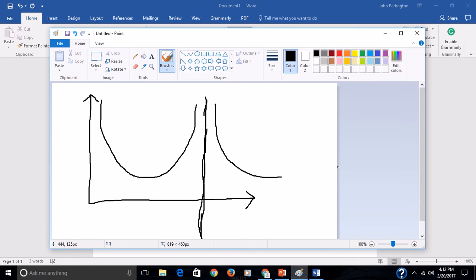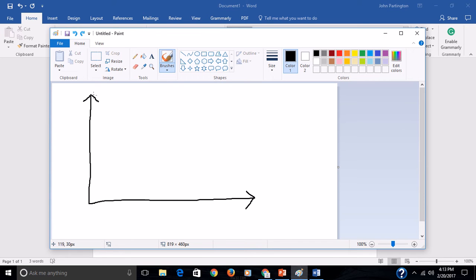They're going to get infinitely closer, but they're never going to reach it. Now we also might have a horizontal asymptote. Say, for example, we have this function that's going down here, and say we have an asymptote here. This function is going to get infinitely close, but never touch this line. So these are our discontinuities.